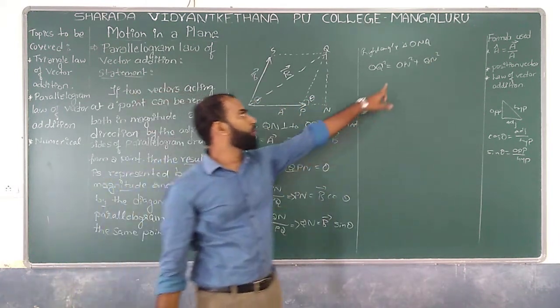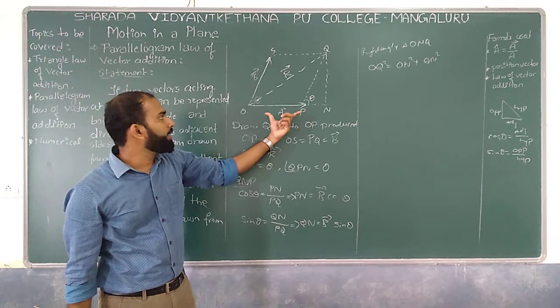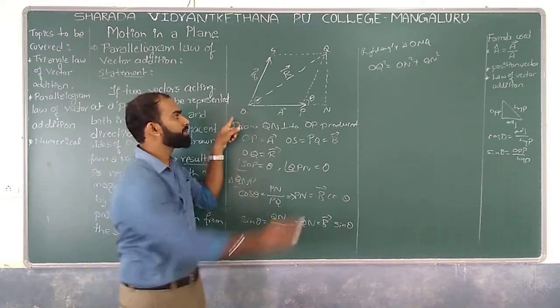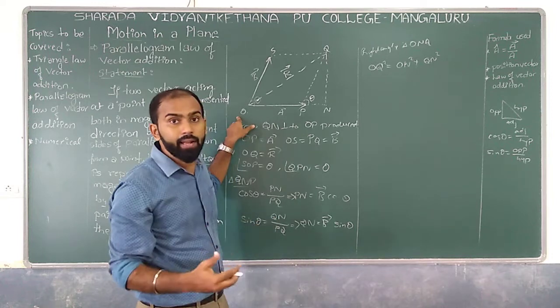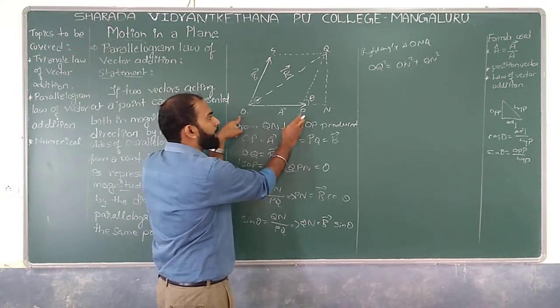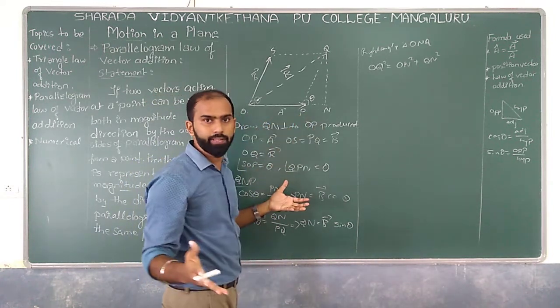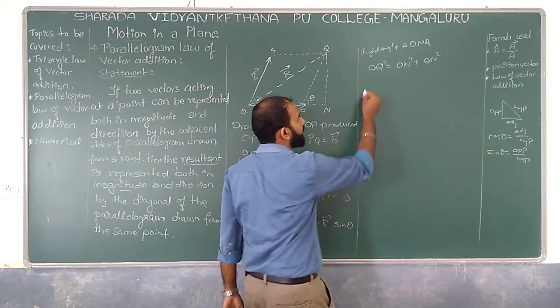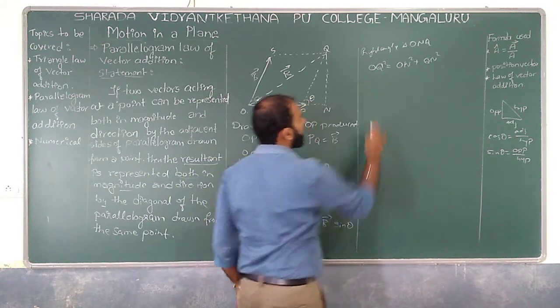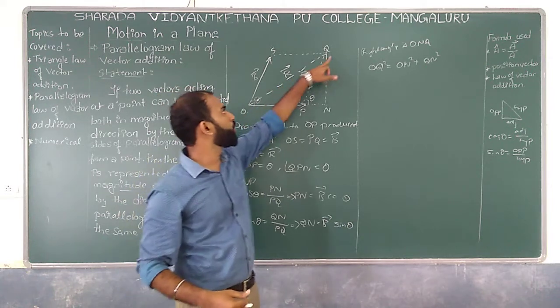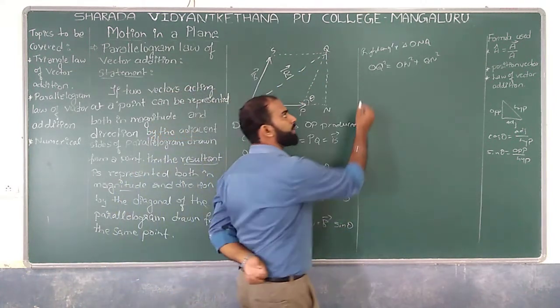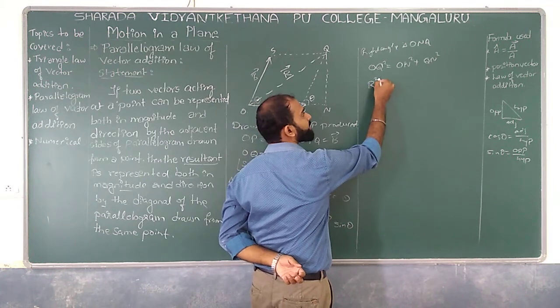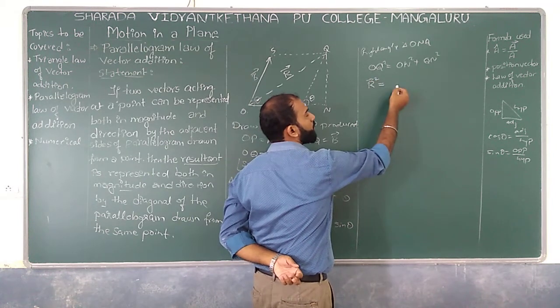Now your ON can be written as what now? This is ON, but we can rewrite it as OP plus PN. So can I write this? Obviously we can write. Whatever this OQ we have is the resultant vector over here. So that is the resultant vector R square, which is equal to what we have.